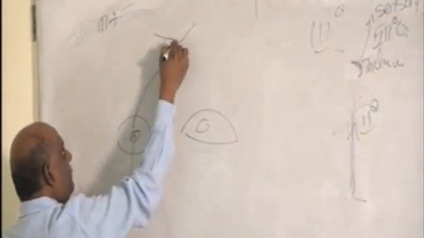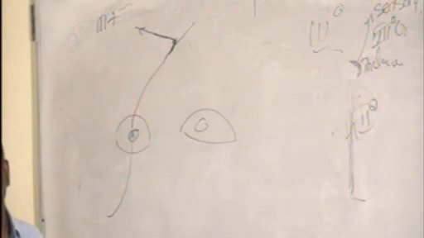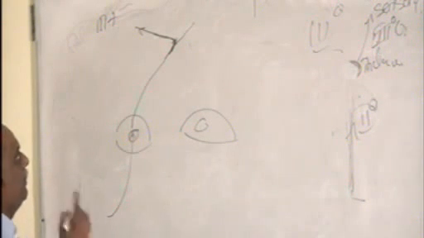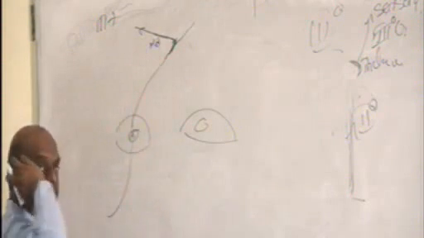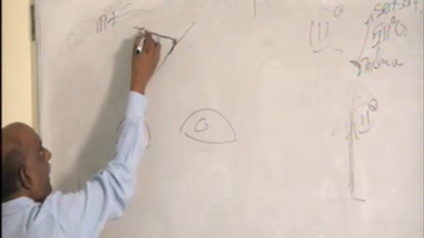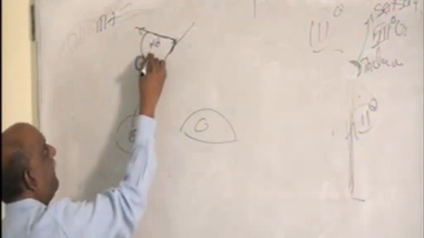As the optic tract, at the level of the midbrain, it leaves some fibers which will go to a place in the midbrain called the pretectal nucleus.